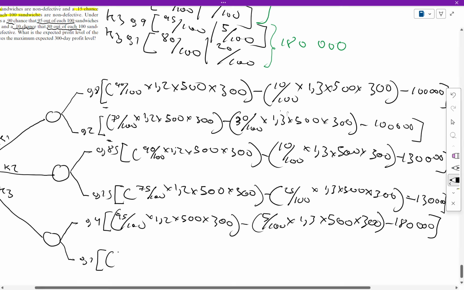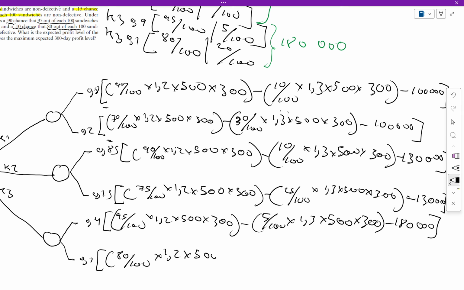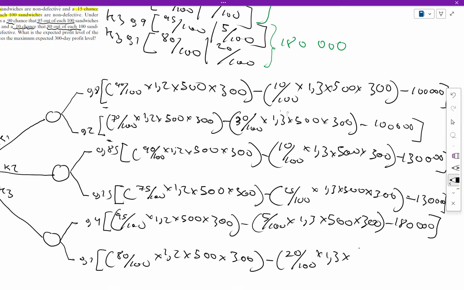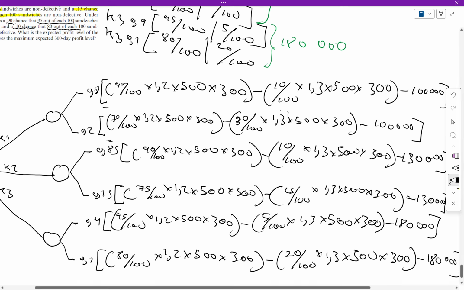Yes, open bracket, 80 over 100 multiplied by 1.2 multiplied by 500 multiplied by 300, close bracket, minus 20 over 100 multiplied by 1.3 multiplied by 500 multiplied by 300, minus 180,000 and close the bigger bracket.